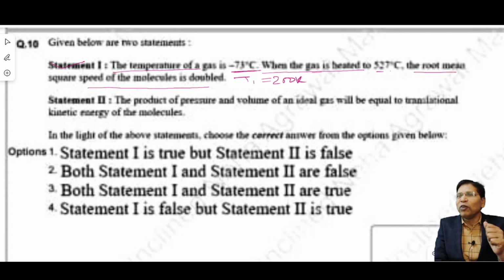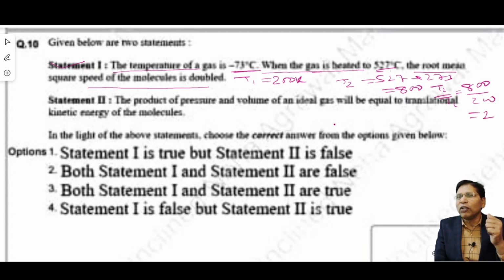T2 is 527 plus 273, so this is 800. So the ratio T2 by T1 is 800 divided by 200, which is 4.